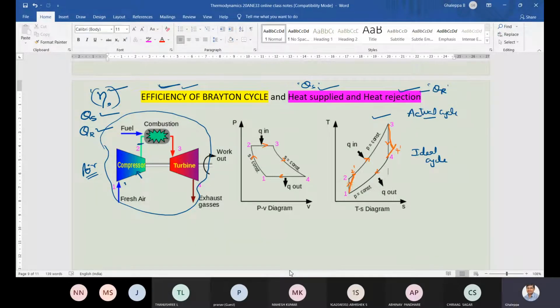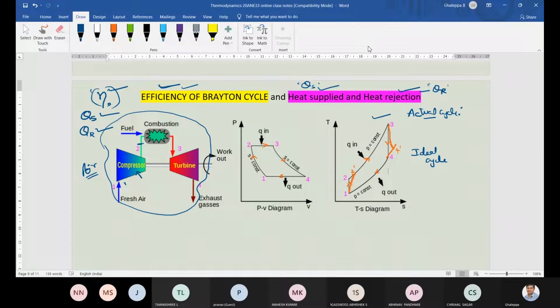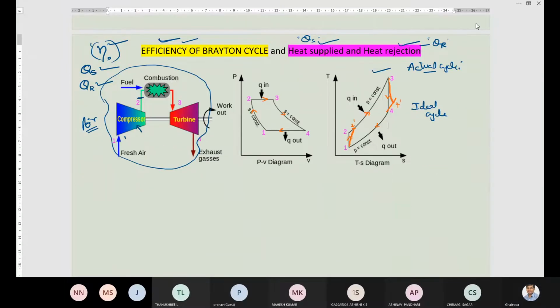Okay. So before that, we need to understand two concepts. One is the actual cycle, and one is the ideal cycle. In the actual cycle, just look at the TS diagram. Points 1, 2, 3, 4, to 1. This is an actual cycle.